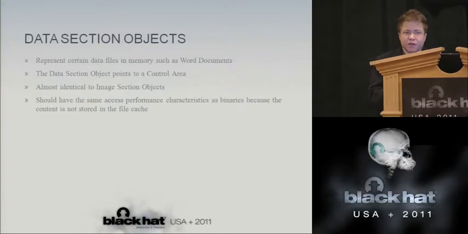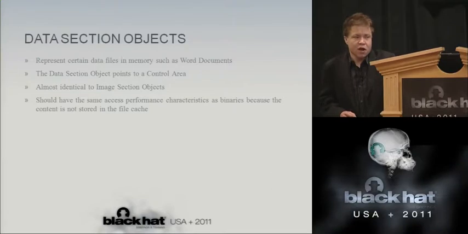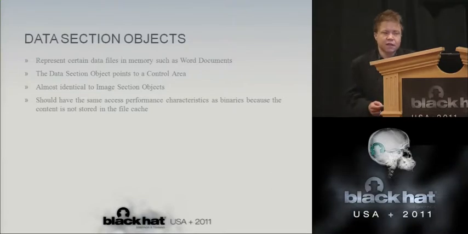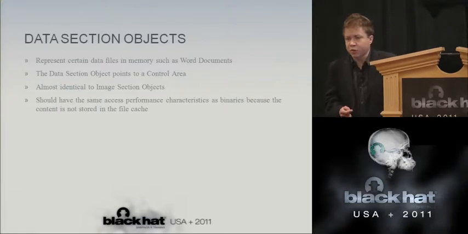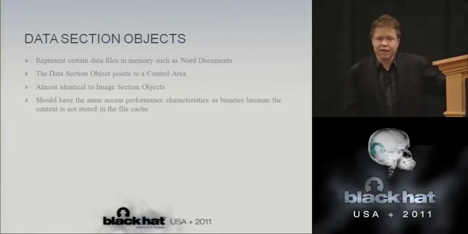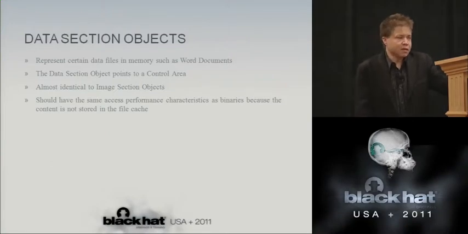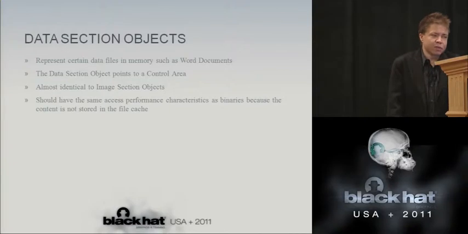Now, the second of the 3 pointers that were in the file object that we care about is a data section object pointer. The data section object pointer we won't go into a great deal of detail about because it's exactly like the image section object. The data section object, though, represents data files in memory.